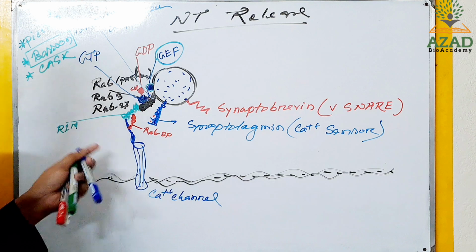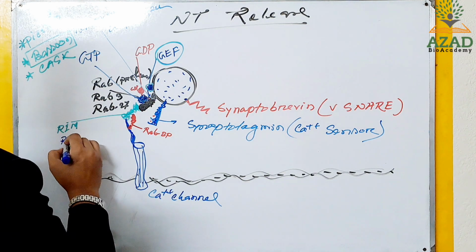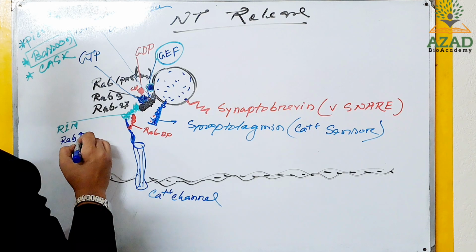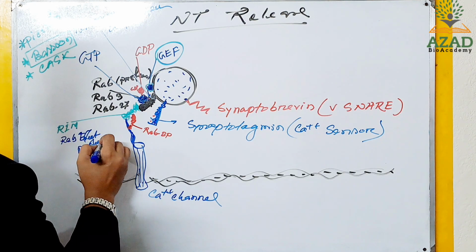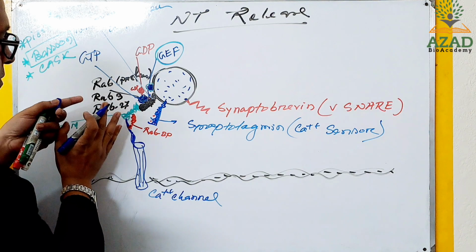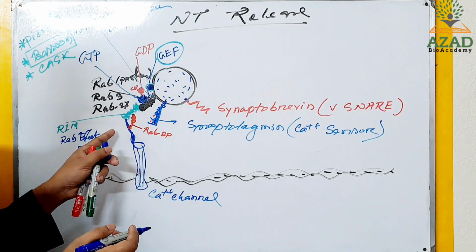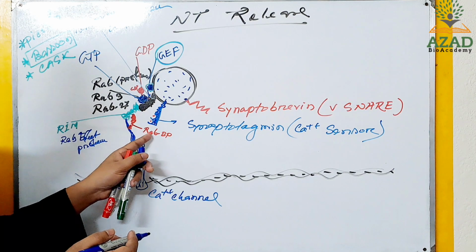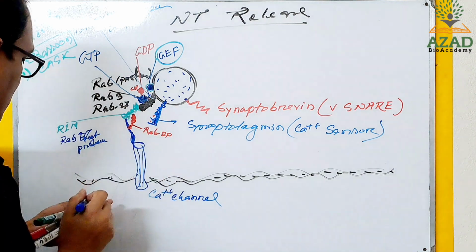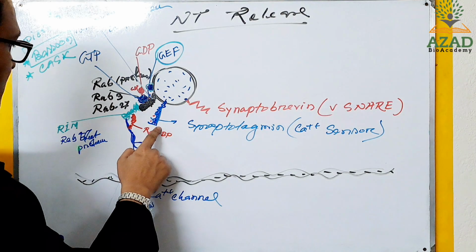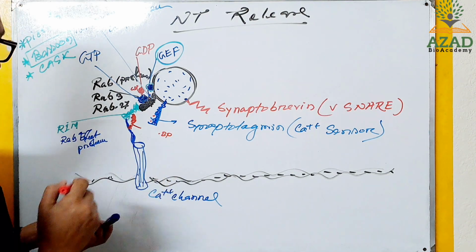And the RIM protein, you can say, is the effector protein of Rab protein, that is a Rab effector protein. You can say this is also a scaffolding protein which is directly connected with the calcium channel, and also connected with the RIM binding protein. So, sorry, here I made a great mistake. That is the RIM binding protein. I'm so sorry.